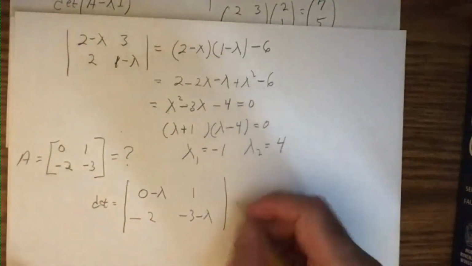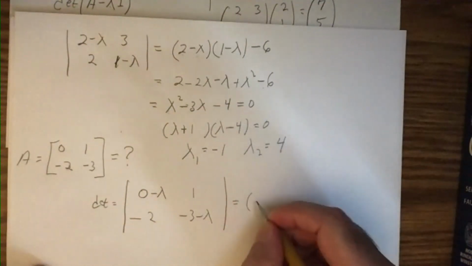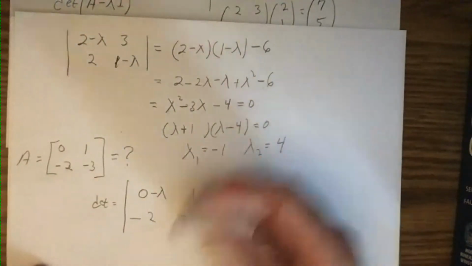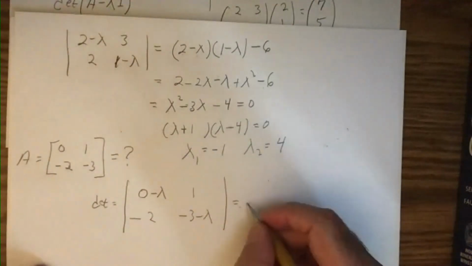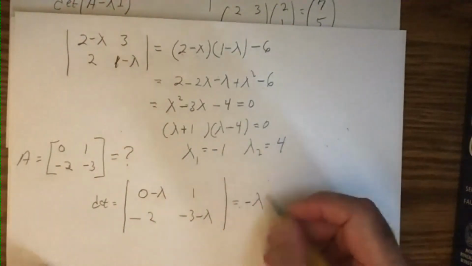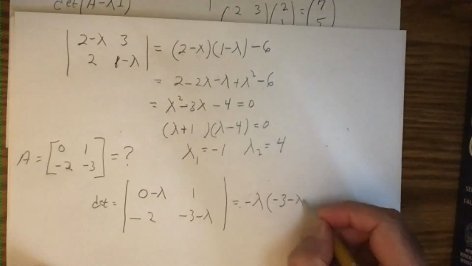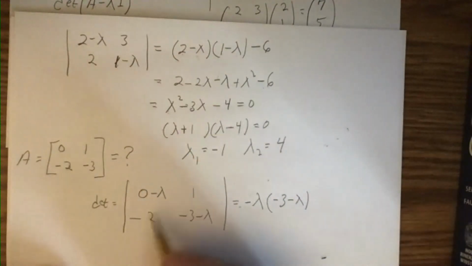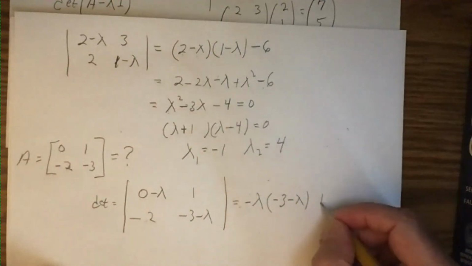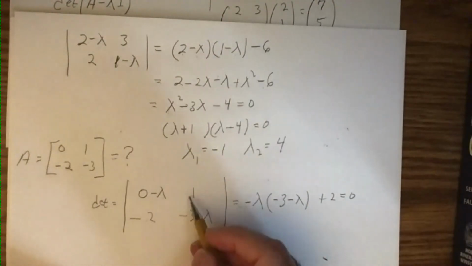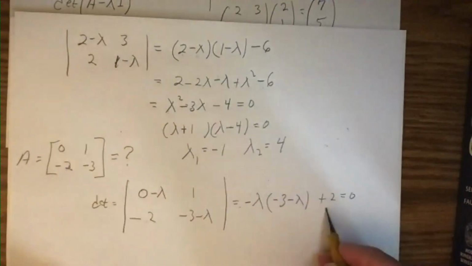So this times this, right, is going to be, let me do it this way. Don't have to worry about the 0. So this times this is minus lambda, right? And then I get a minus 3 minus lambda. And then this times this is minus 2, but when we cross this way, this is plus 2. When we take the determinant, we have to have this as a minus, so this times makes this a plus.